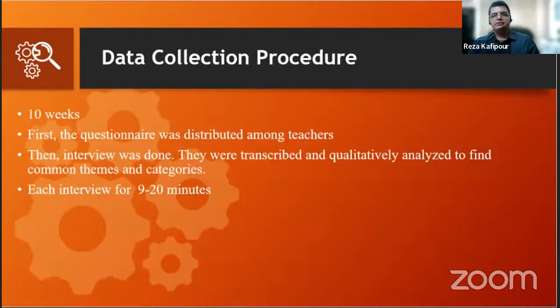Data collection lasted for 10 weeks. First, the questionnaire was distributed among teachers, then interviews were done. The interviews were transcribed and qualitatively analyzed to find common themes and categories. Each interview lasted for 9 to 20 minutes.